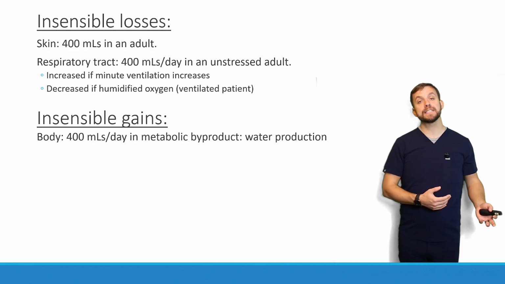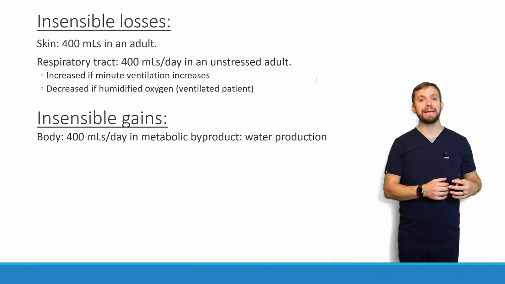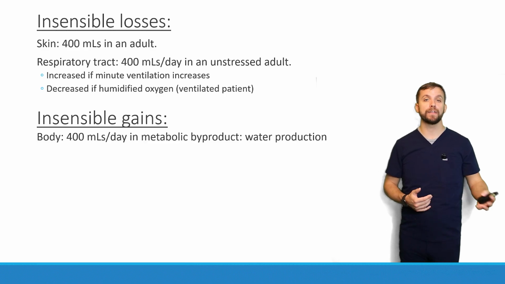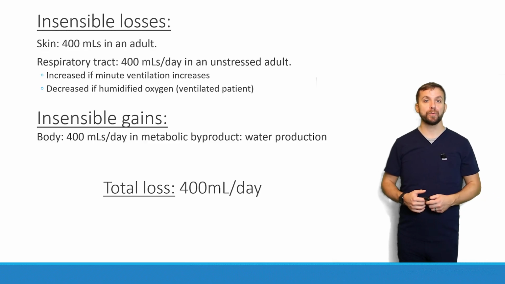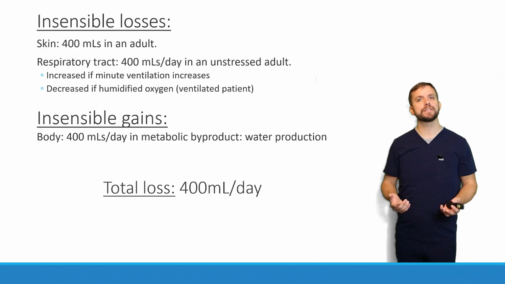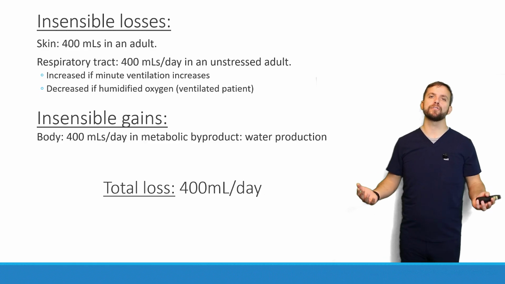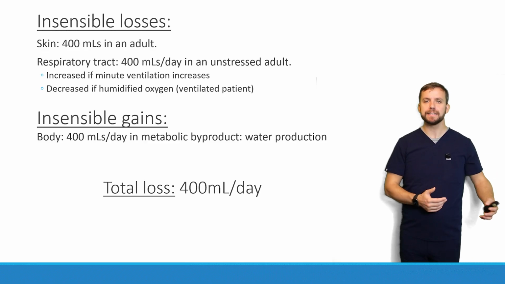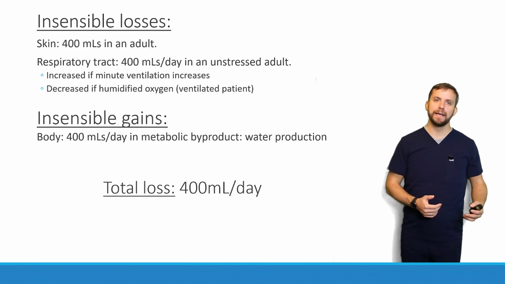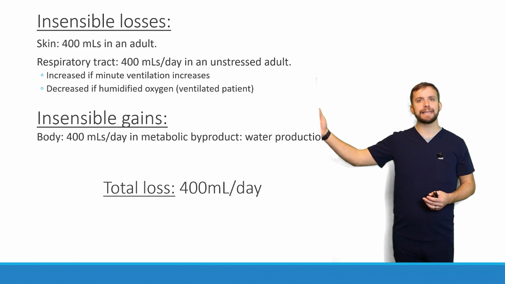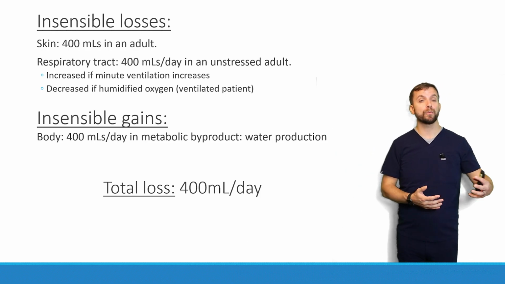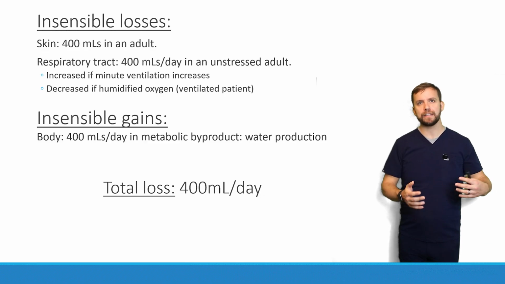We also have some insensible gains. We make about 400 milliliters a day of water as a byproduct through the electron transport chain. So we lose about 400 milliliters a day net in a normal unstressed human. If you have somebody who is critically ill in the ICU, it may be a little bit more than that, but we're not talking about 2-3 liters of maintenance fluid. You may have other losses that would fall under replacement fluid, like drains or fistulas.